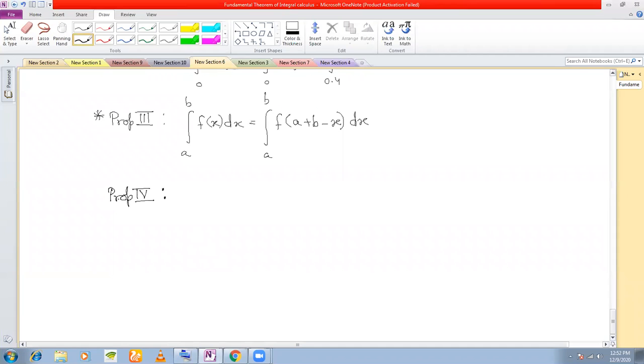The next property that you need to know is, in fact, actually a deduction of this property only. Okay, let me write it as a deduction.